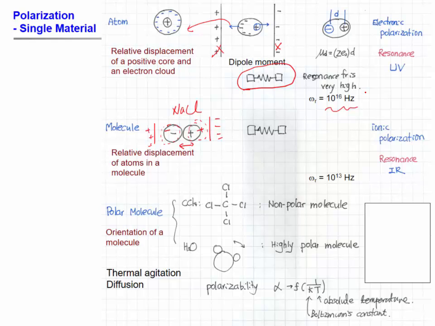The resonant frequency range is 3 orders of magnitude less than that, so 10 to the 13 hertz. So this is the ultraviolet area, UV, and this is the infrared area, so IR region. Have you heard of FTIR, the chemical analysis method?